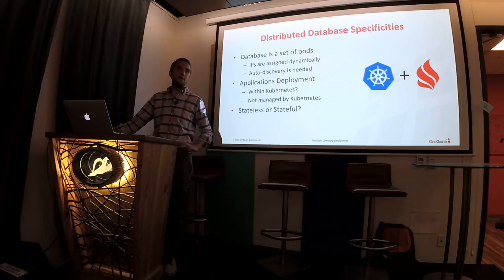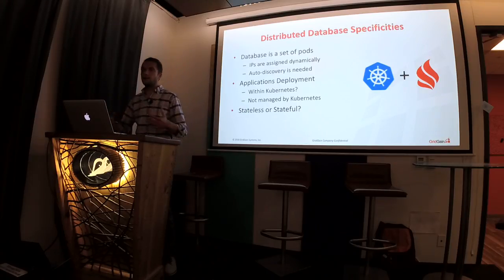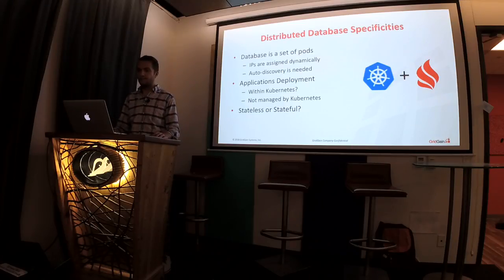When we talk about a distributed database, it's a collection of nodes of our cluster, right? And if we turn this into the terms of Kubernetes, we need to deploy a collection of pods that represent our distributed database.